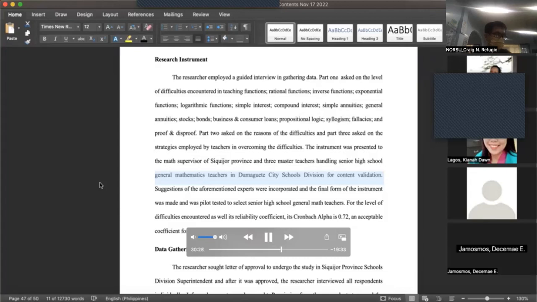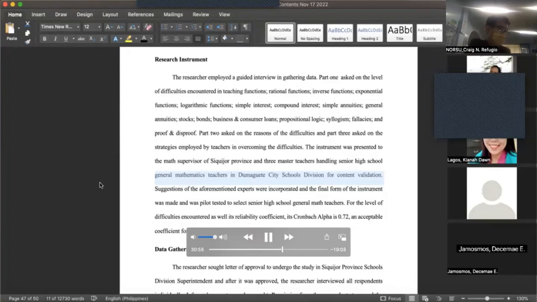So again, what's the purpose of pilot testing? Could anyone tell me a synthesis of the purpose of pilot testing? Okay, go ahead. To find out if it is readable and understandable, sir. Okay, to find out the readability and understandability of all items in the research instrument.